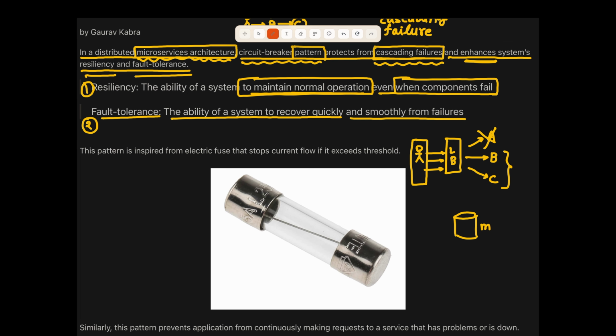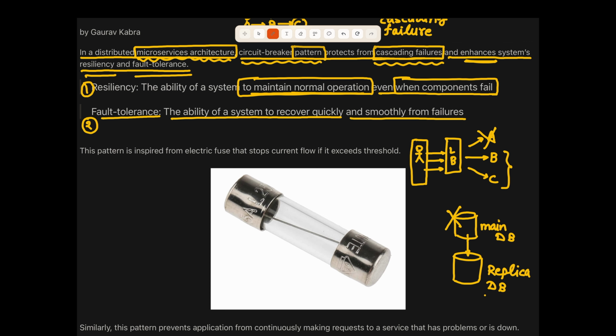One was the main database and one was the secondary database or the replica database. This replica database was having some replication lag from the main database, but it was keeping up with the replication lag. Now suppose main database broke down or there was some disruption.